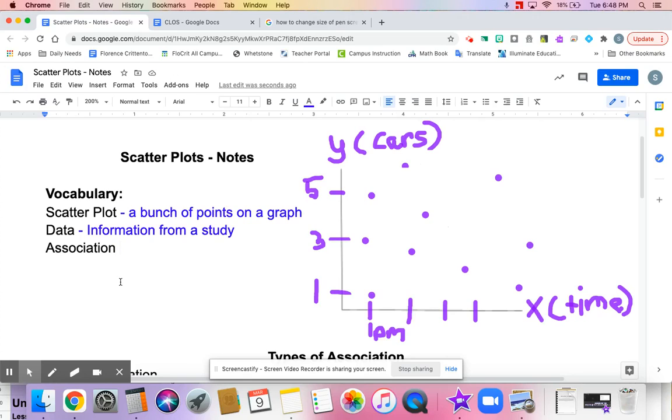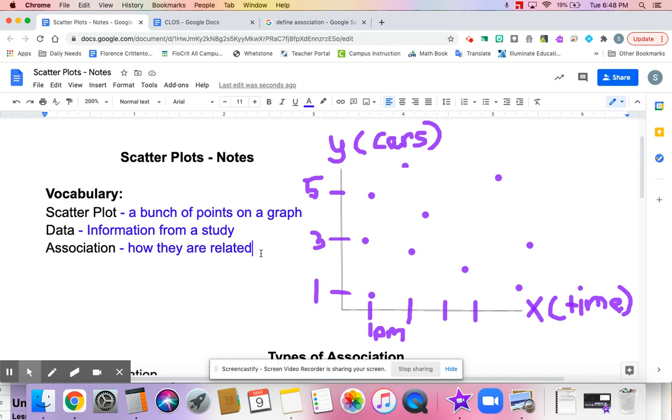And we're going to learn a lot about scatter plots because this lesson and the next lesson deal with scatter plots. For this lesson, we're going to focus on something called association. The word association by itself just means how they are related. So when you look at these points, how are they related to each other?